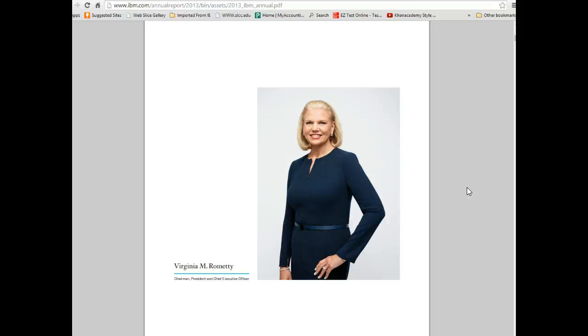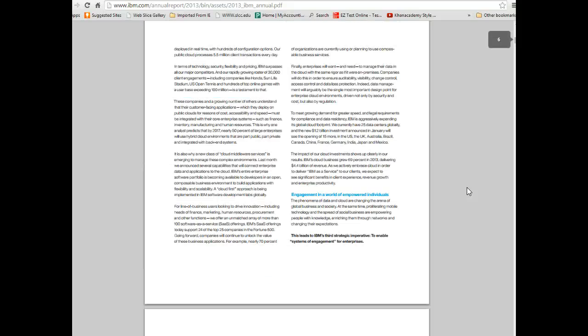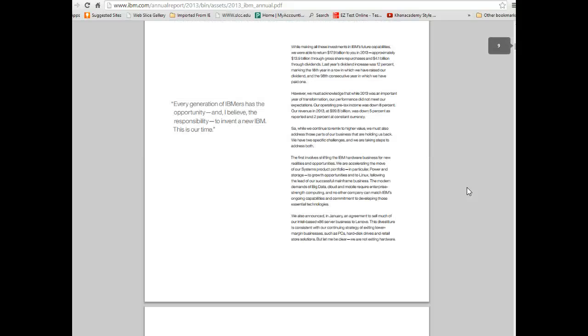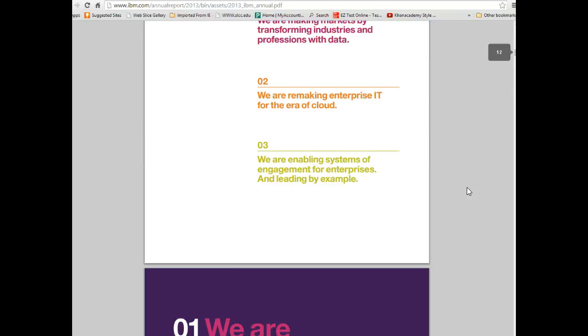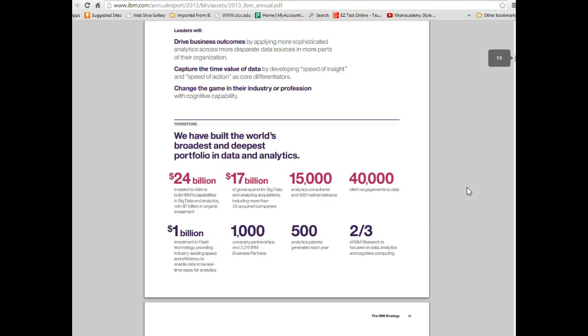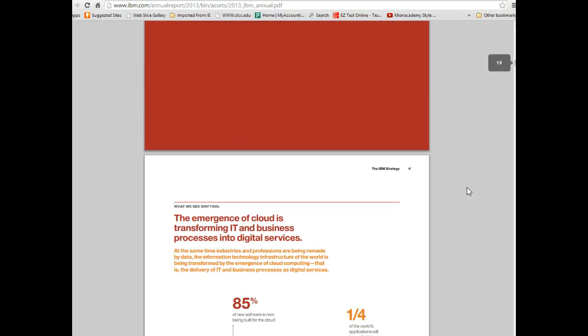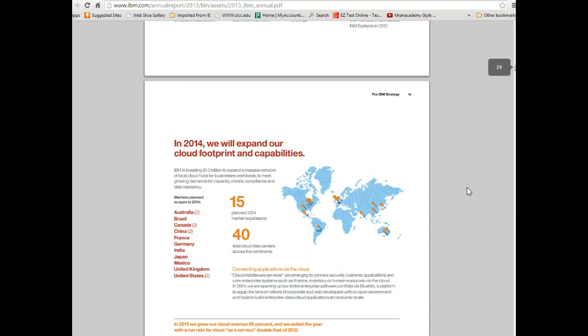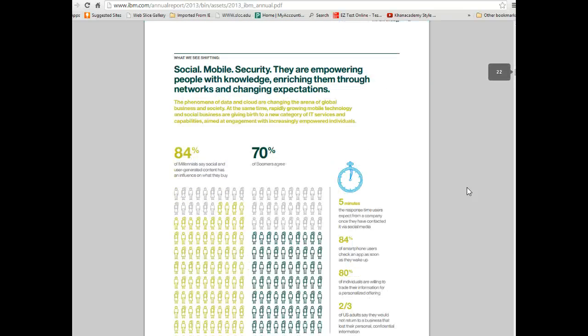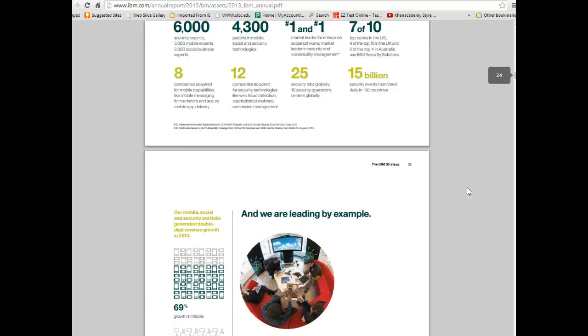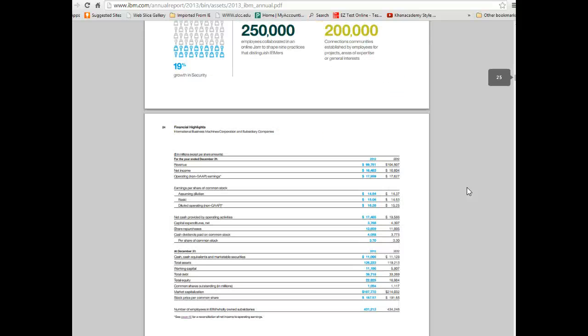And she is currently running the ship for IBM. What follows next in an annual report is several pages of marketing, though there's no other way to describe it. And now it's kind of like we're flipping through it. I'm going to go ahead and just keep flipping, show you a lot of marketing done in these expensive annual reports. I'll bet they're happy.